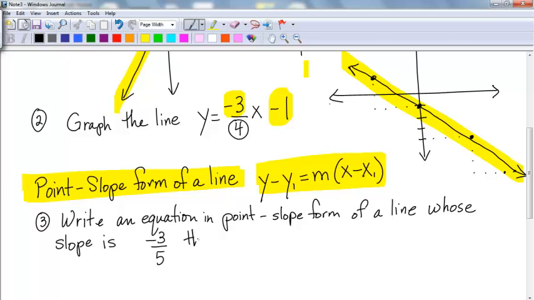Okay, that contains the ordered pair negative 10, 8.